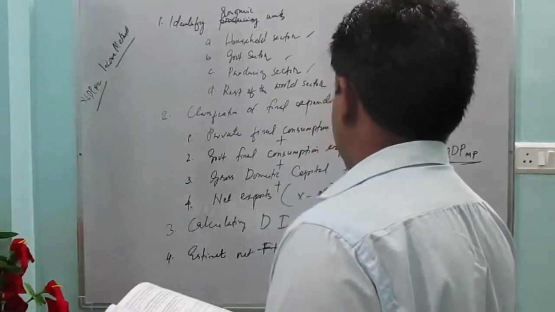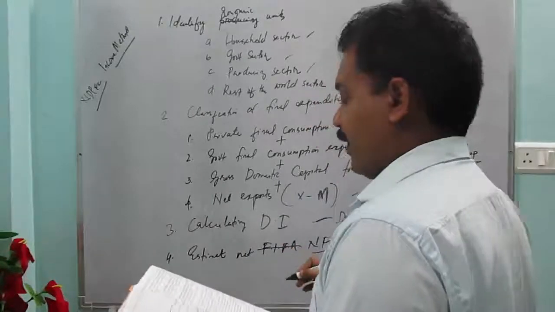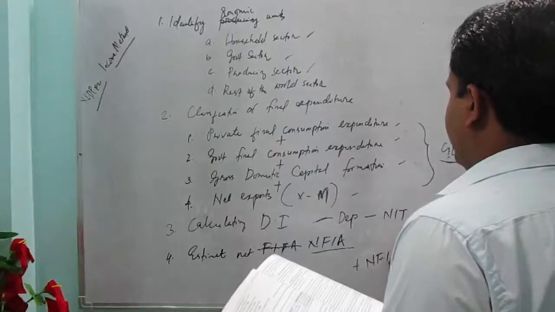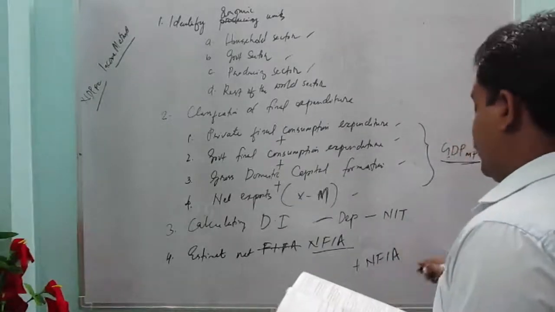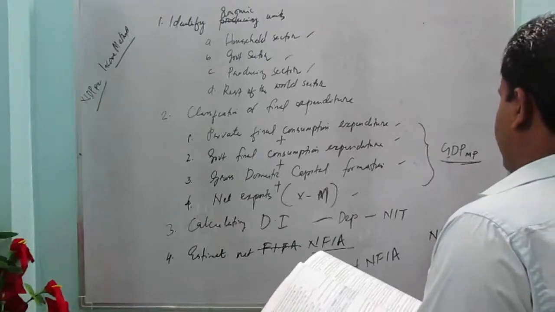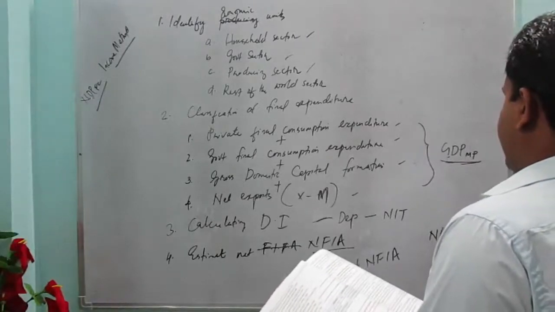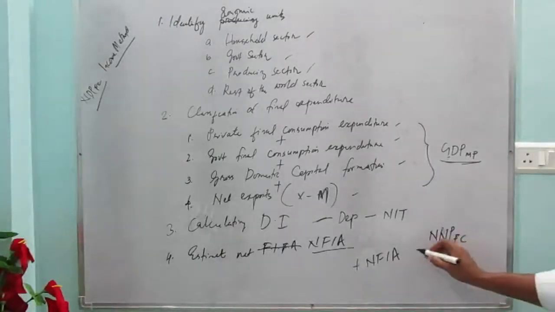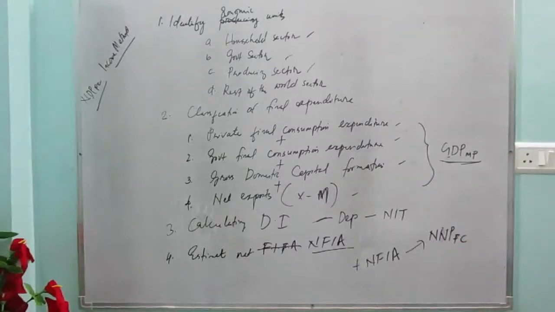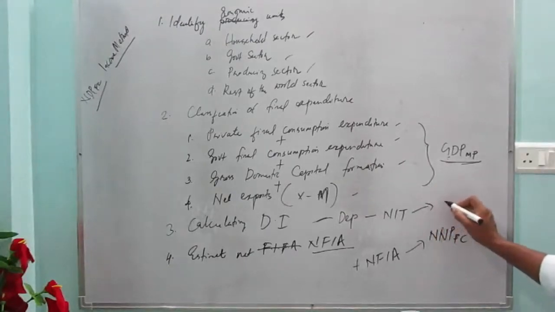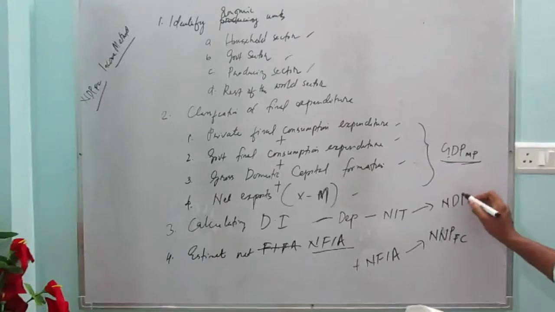That is easier. After having found this, you add NFIA. Once you add these two, you will reach NNPFC, that is, national income.